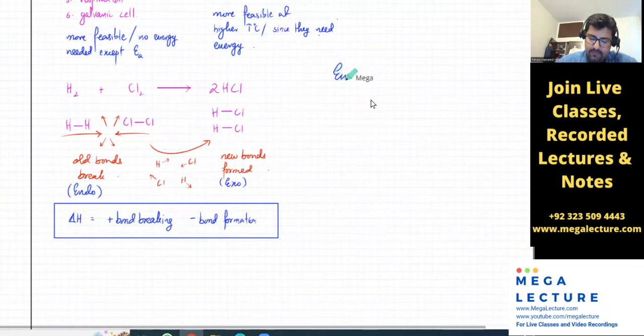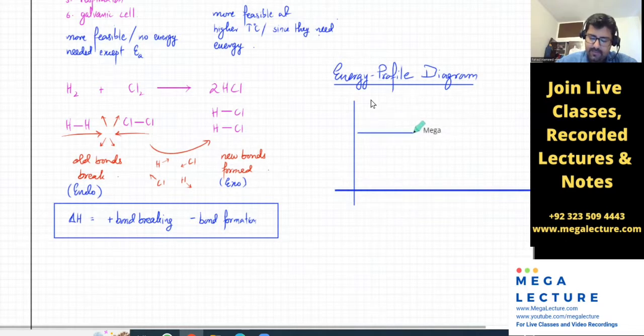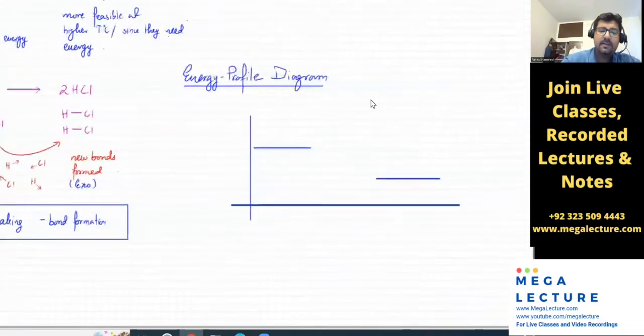So the energy profile diagram is, you're going to have 2 diagrams. One is products, and then you've got reactants. So that's the first one, products and reactants.